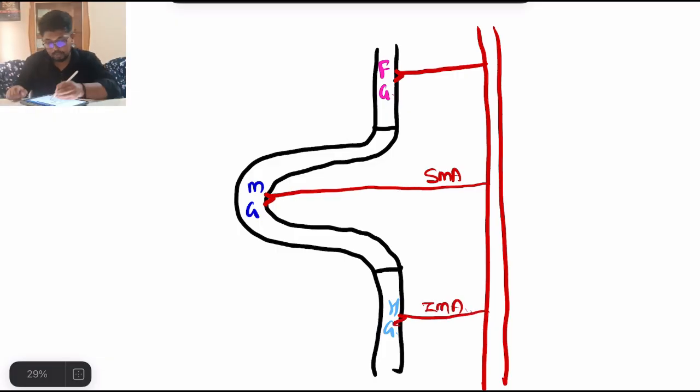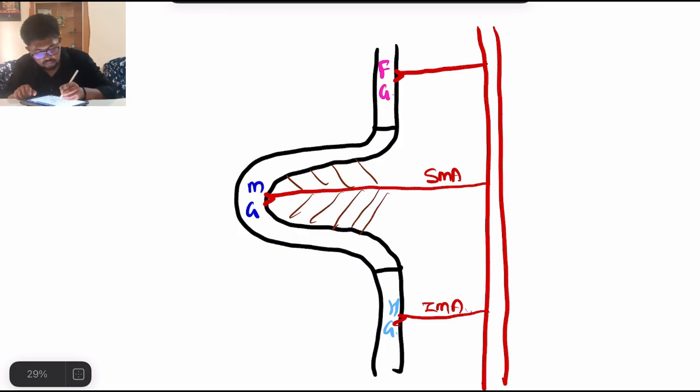And this loop-like structure that is coming out, what is this loop? The midgut loop, which will come out as a physiological hernia along the axis of the superior mesenteric artery.